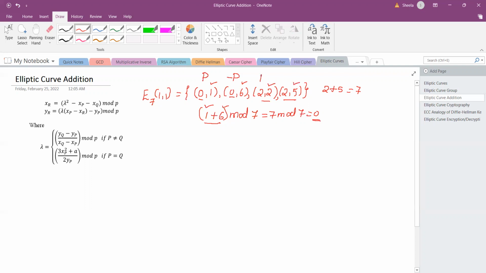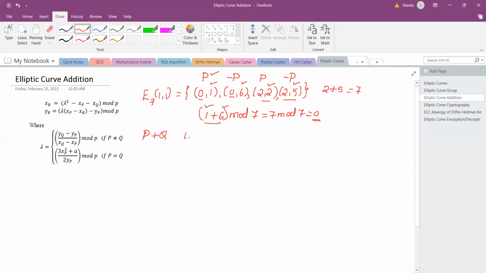So if this is P, then this will be minus P. So we can observe that whenever a point exists, its corresponding additive inverse point is also present on the curve. Similarly here also.